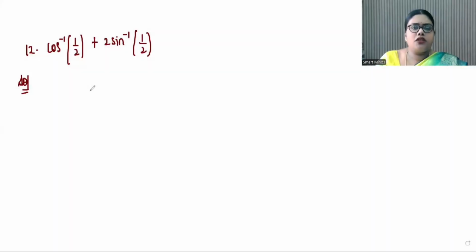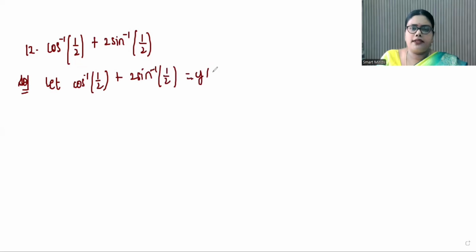Take the next question. Cos inverse of 1 by 2 plus 2 sine inverse of 1 by 2. So let's say cos inverse of 1 by 2 plus 2 sine inverse of 1 by 2 equals y.